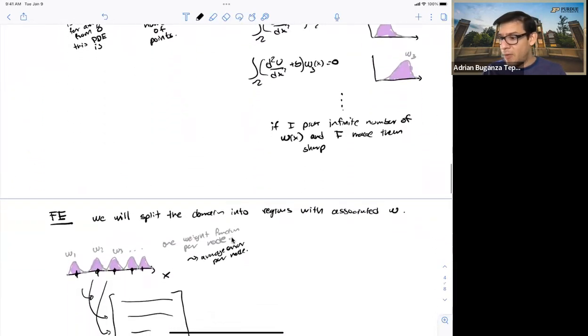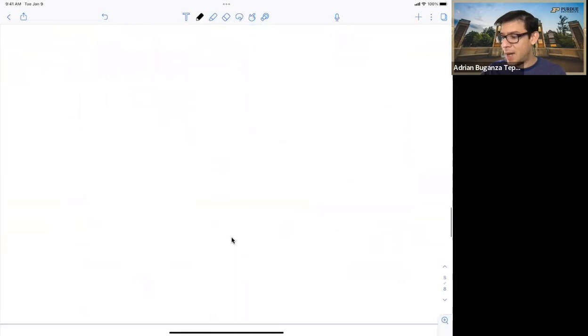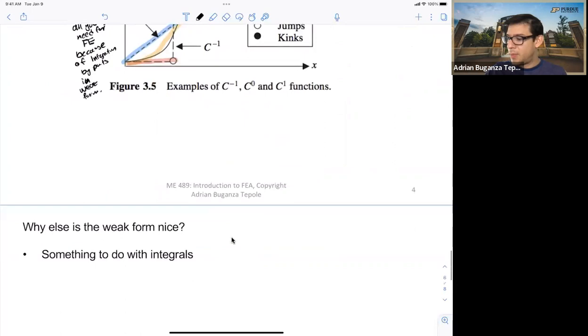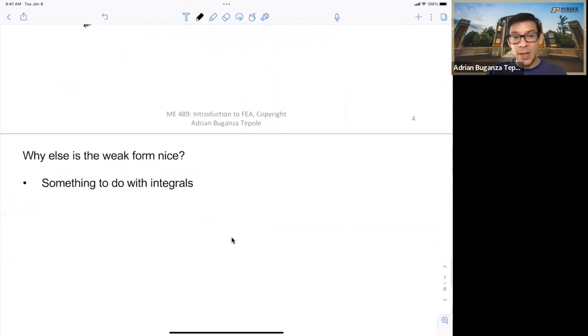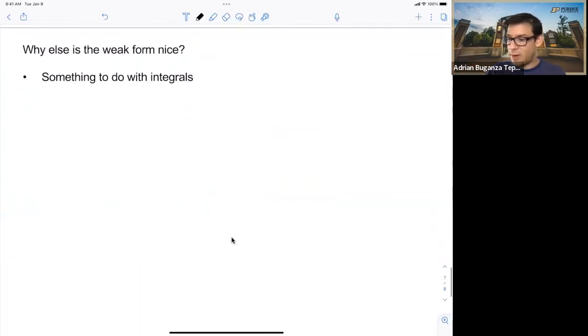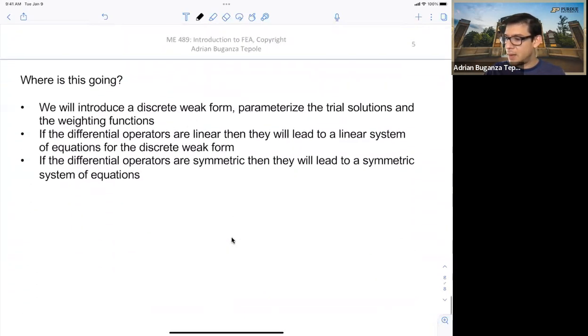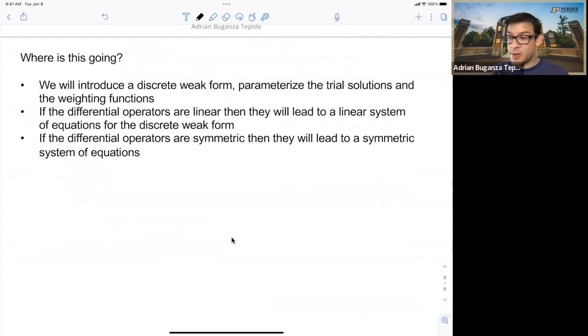I think that's about it for the intuition behind this weak form. These two things: one is this average error controlled by W, and the other is this idea of reducing the degree of continuity that you require. Something to do with integrals is that you can split the integral to integrate over the elements. And where is this going? We will introduce the discrete weak form.